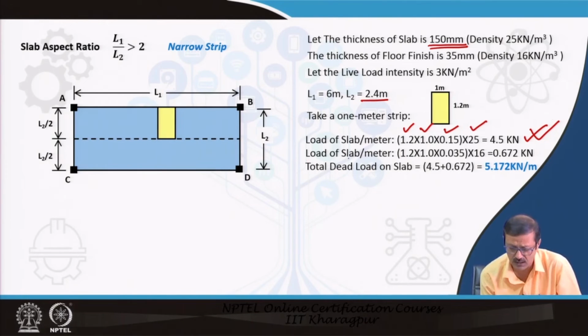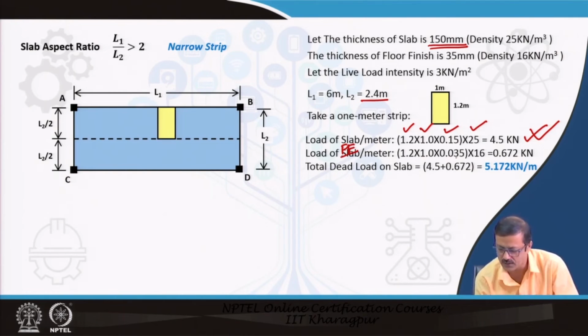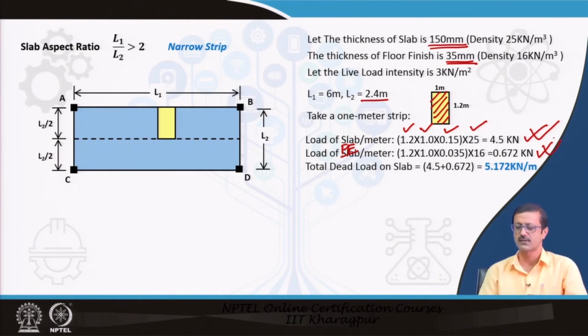Similarly, I found the load of the floor finish: 1.2 into 1 into 0.035 into 16. 0.035 is the 35 mm thickness, and 16 is the density. So, 0.672 kilonewton is the load due to the floor finish.